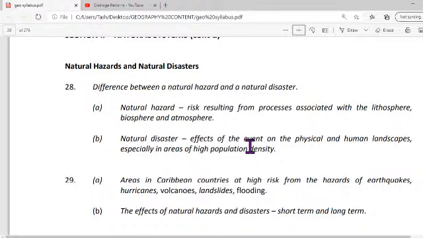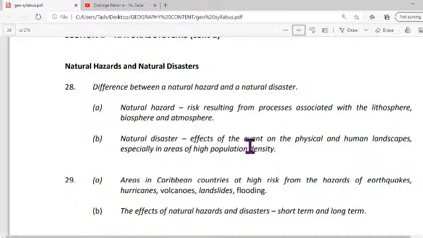Because if you have a remote island that is off the coast of somewhere far, where you have no one living on it, or let us say you have one person living on it, and that area did not have a lot of development and lots of things going on, the effect of the disaster would not be as dramatic as if you had the disaster in an area of a high population density.